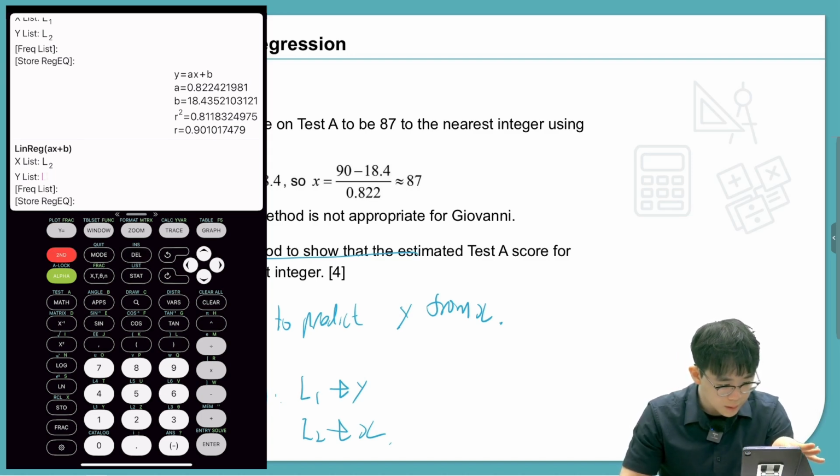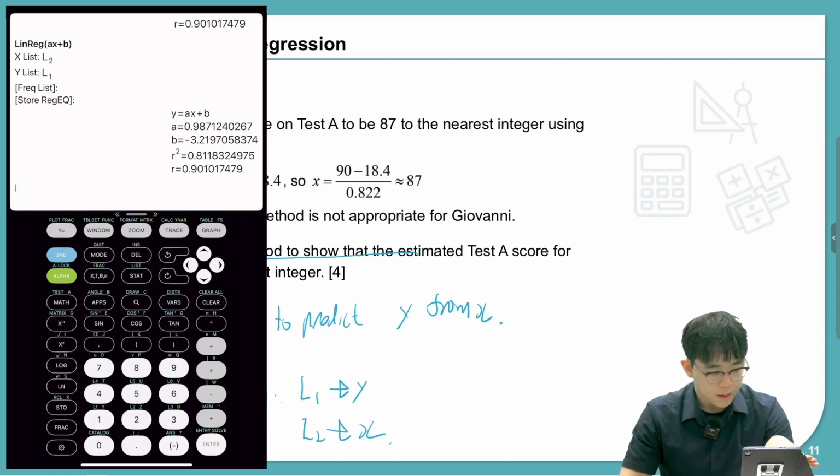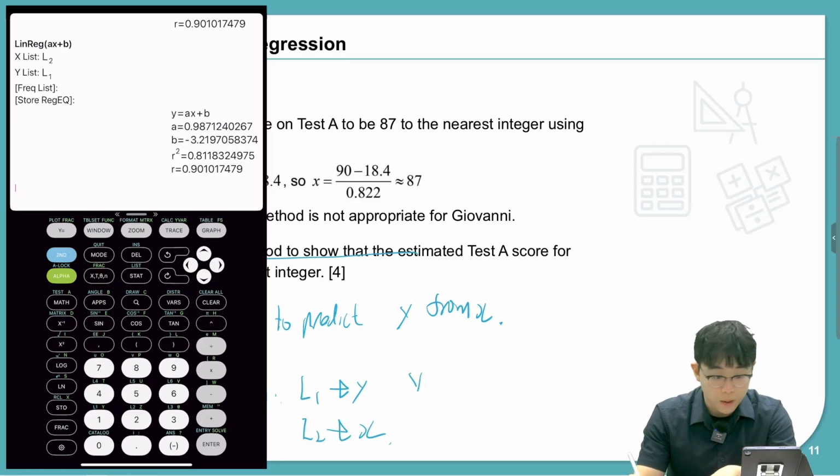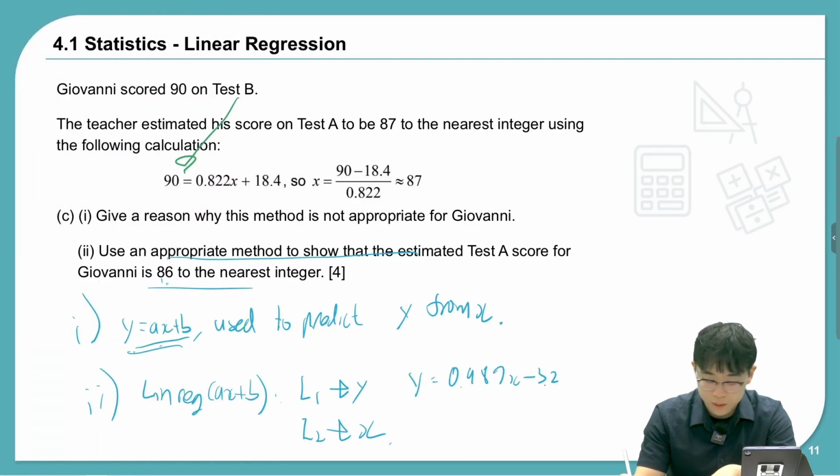Or we could do a second. So if we do that, we get Y is 0.987x minus 3.220. So here we now put in X equals 90.